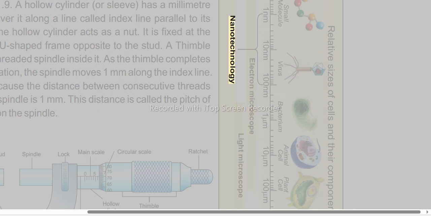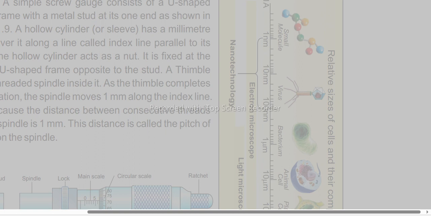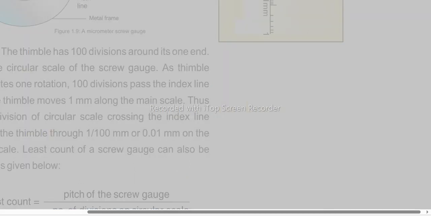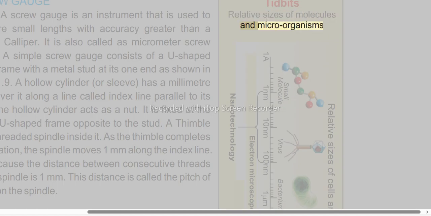Nanotechnology. 1 angstrom. 1 nanometer. 10 nanometers. 100 nanometers. 1 micrometer. 10 micrometers. 100 micrometers. 1 millimeter. Tidbits: relative sizes of molecules and microorganisms.